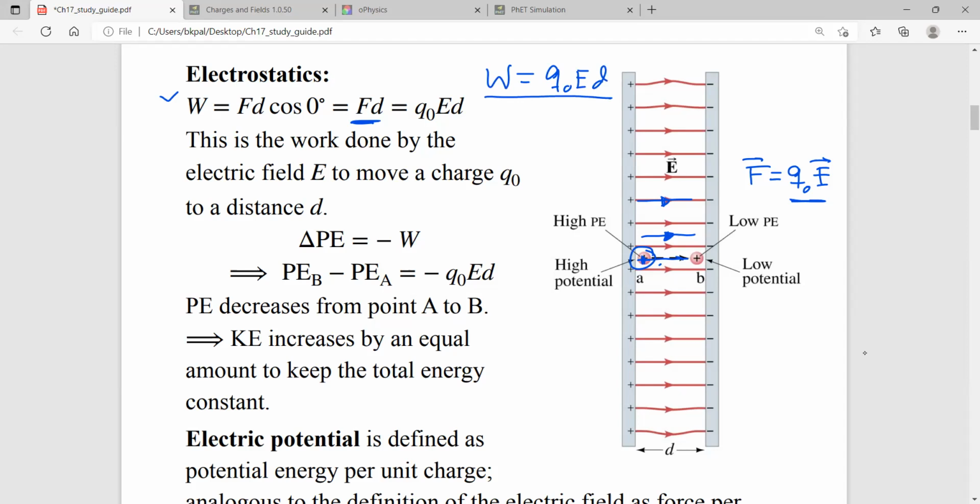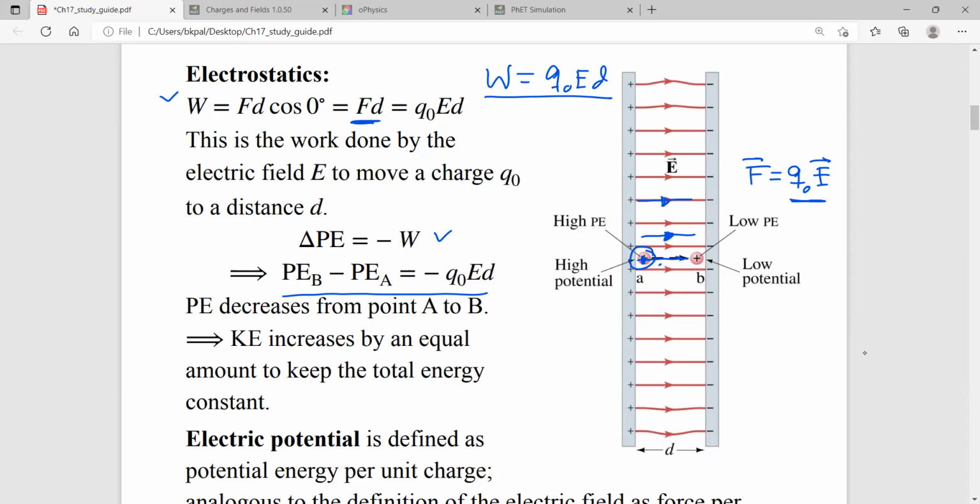Okay, now as we already see that the change in potential energy is equal to the negative of the work done, if you substitute the value of work done, you get this. So the change in potential energy is equal to negative Q0 E times d.